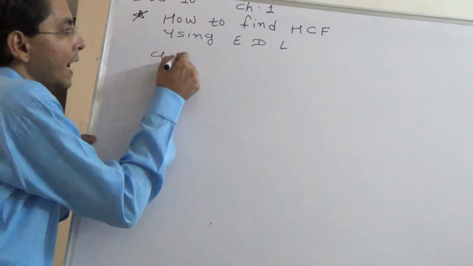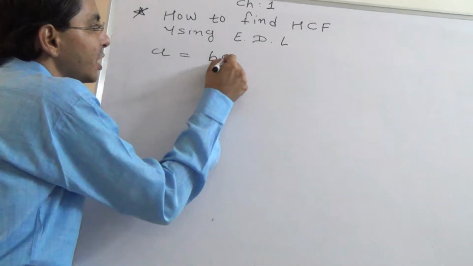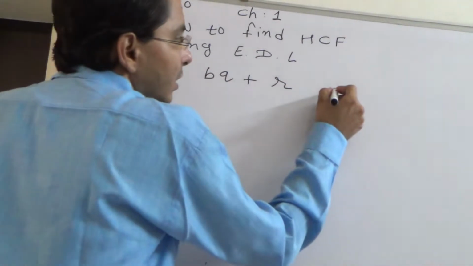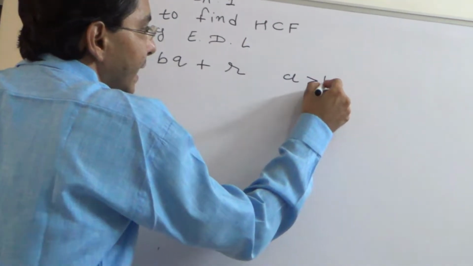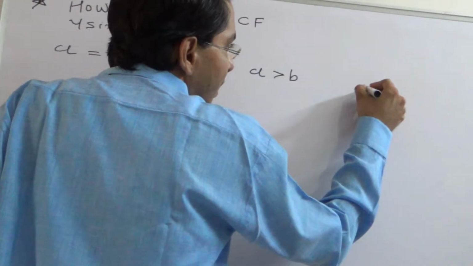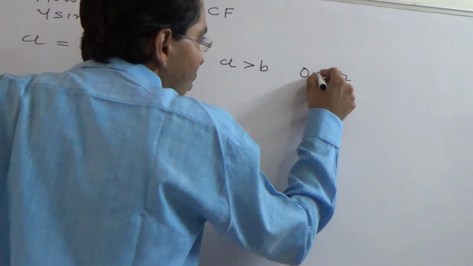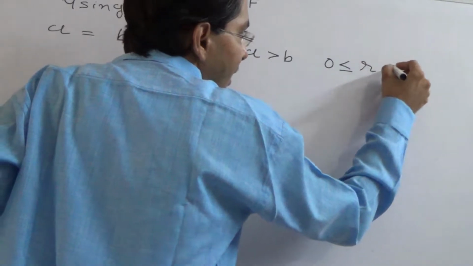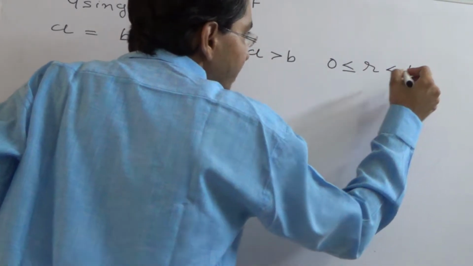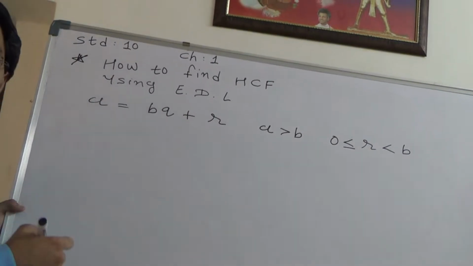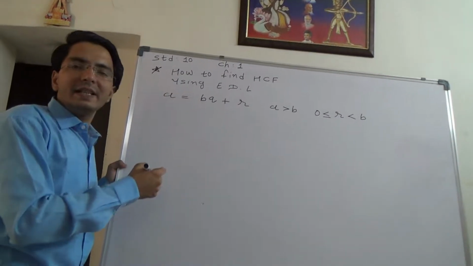So we know from my previous lecture that Euclid Division Lemma is a = bq + r, and here the condition is a > b, and our remainder r is greater than or equal to 0 but less than b. Okay, let's start this video using Euclid Division Lemma.